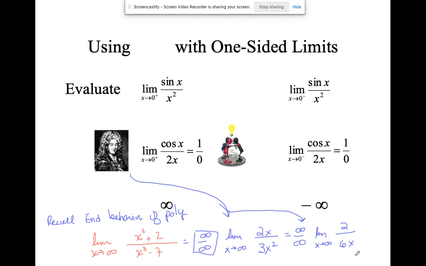What happens when you plug in now? This is not indeterminate. Your numerator is 2. So this is 2 over 6 times huge, huge numbers. What does that go towards? 0.